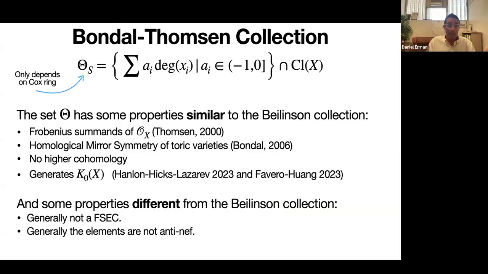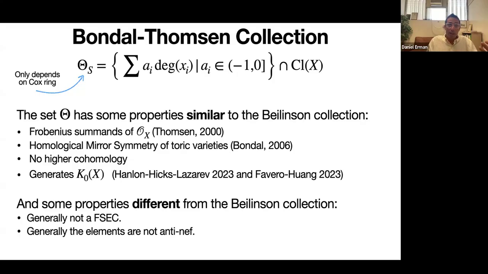Each of the elements has similar properties to the Beilinson collection. Except for O itself, which is always there, the other bundles you see will never have any higher cohomology, things like that. And their classes will generate the Grothendieck group. That's actually a recent theorem of two separate groups of authors.